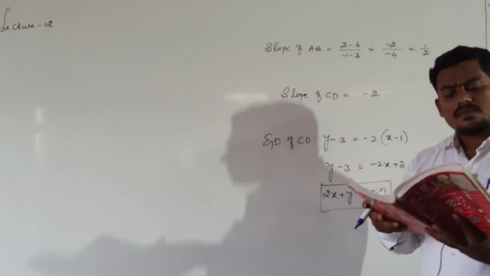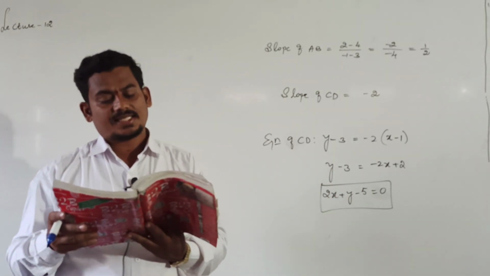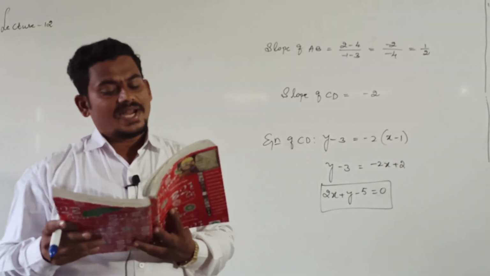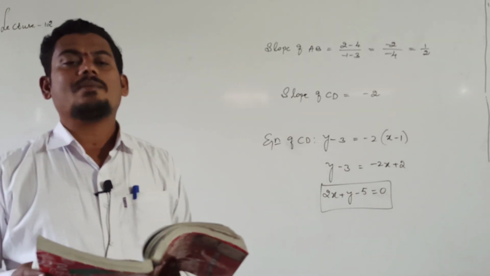The perpendicular from the origin to the line y equals mx plus c meets it at the point -1, 2. Find the values of m and c. Question number 15 in exercise 10.3, right?